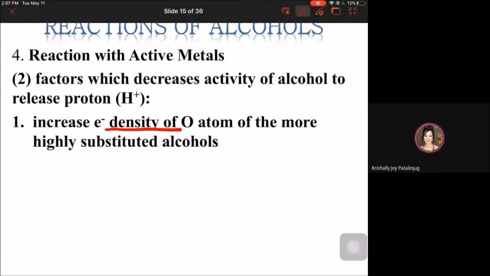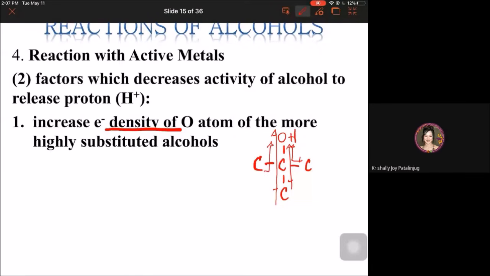Kapag increased ang electron density of oxygen atom, that will cause lesser ability of that alcohol to release its proton. So kung atong tan-awon again ang tertiary alcohol, unsa ako ingon ganina? Dipole moment straight, no? Asa padulong ang electron density? Padulong tanan kay oxygen.